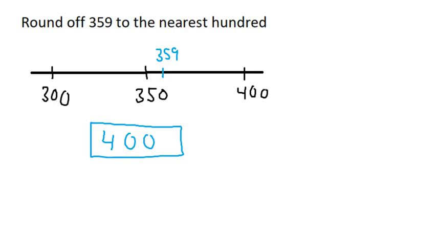Another question that I got from you was, can you explain how to use commas? So with commas in numbers, you have to have a number bigger than 1,000 to even need commas.